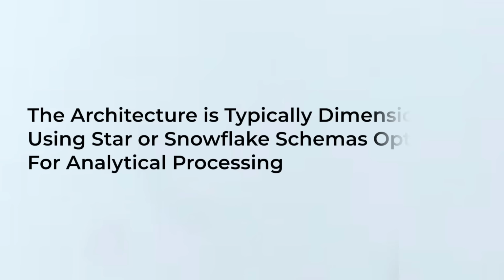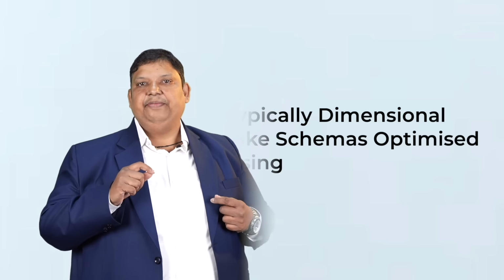They are designed for complex analytical queries that might span multiple business areas. Want to analyze how marketing campaigns affect sales performance across different regions and customer segments over 5 years? That's data warehouse territory. The architecture is typically dimensional, using star or snowflake schema optimized for analytical processing.